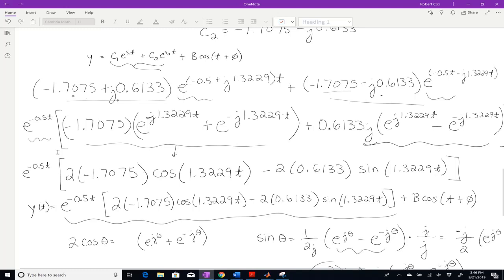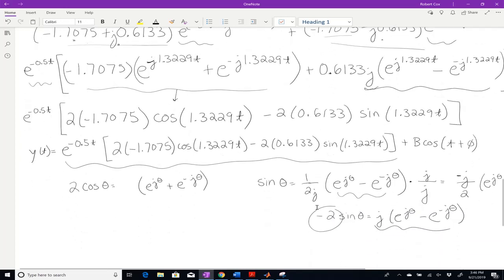So if it's got inductors and capacitors, the capacitors are trying to resist changes in their voltage, and the inductors are trying to resist changes in their currents. Over time, this transient response better disappear, and it does, because of this e to the negative 0.5t. As time advances, this multiplier goes away, and this term completely disappears.